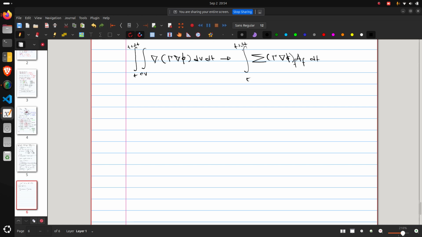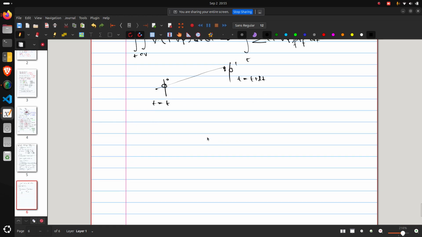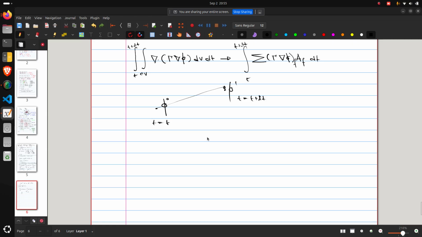Now we also have an integration here, right? So we have some value at a point at time t, and some other value, this is nothing but φ1, at time t plus delta t. Okay, and we have these two values, and we can take a linear combination of both. If any issues come up, please feel free to unmute and ask questions.